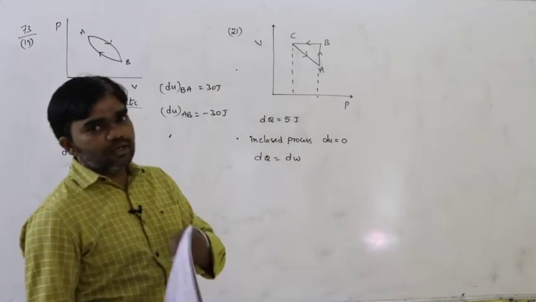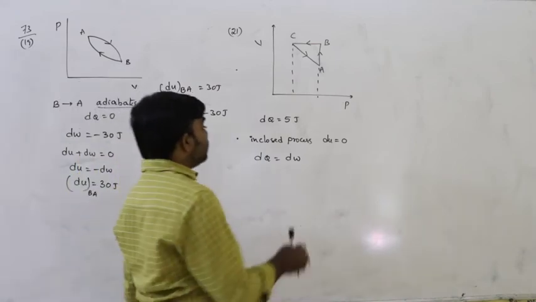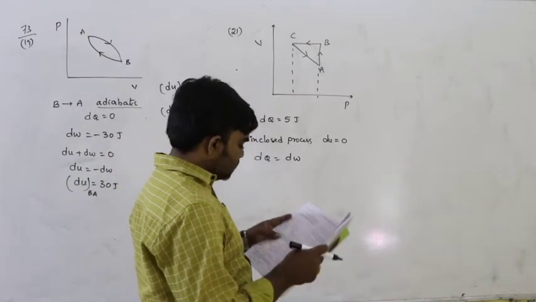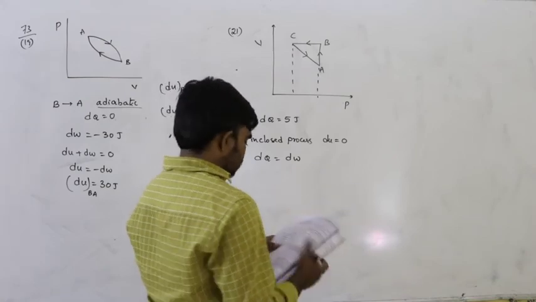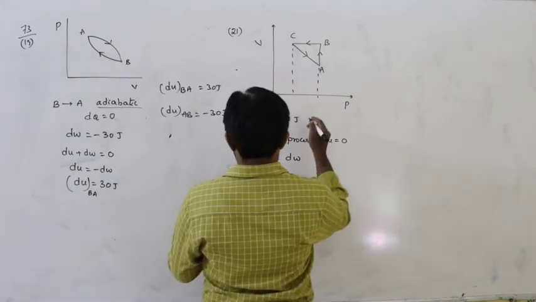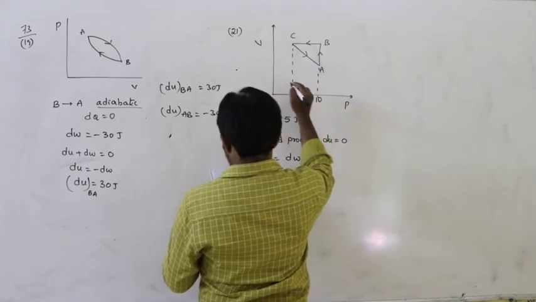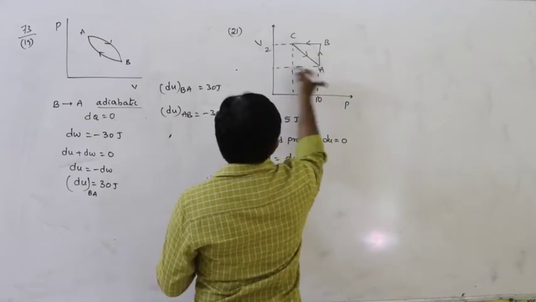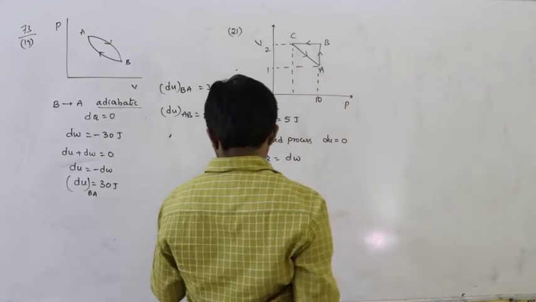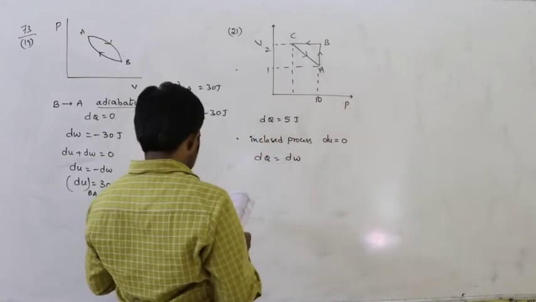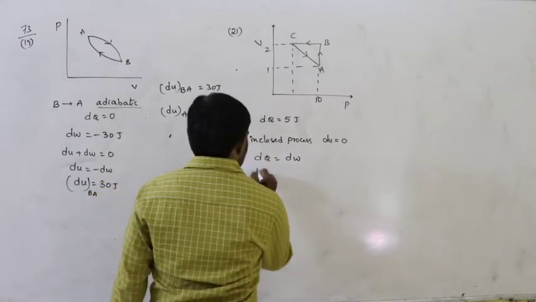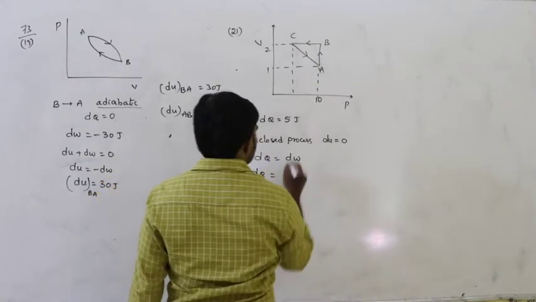The given conditions are: this is 10, this is 2, and this is 1. So total dQ is equal to total work done.